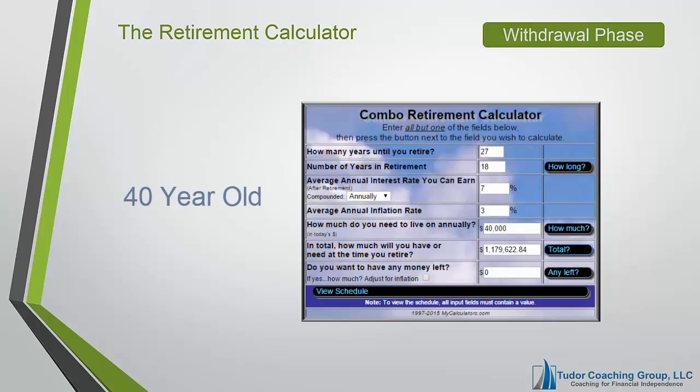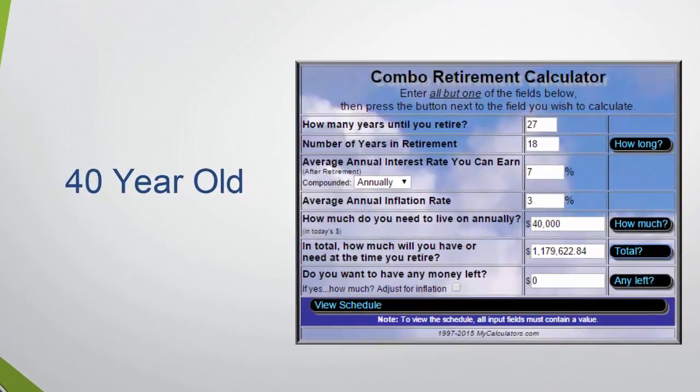So here's the 40-year-old, and the assumptions that we're making are the same here as with the other ones. And a 40-year-old has 27 years until retirement. And when you start talking about 27 years and up of compounding, as we've talked about before, that can be huge.